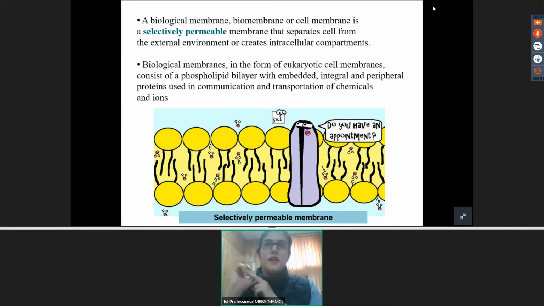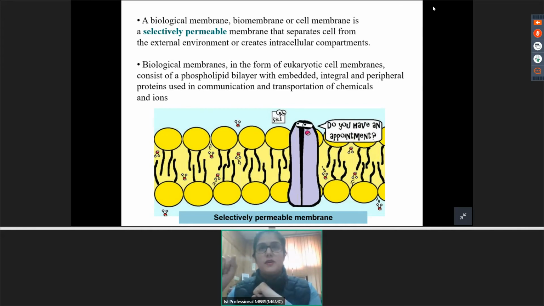What is the difference? Semi-permeable membranes allow some molecules to pass and don't allow some molecules to pass, but this is dependent only on the size of the molecule. So a semi-permeable membrane will probably allow all small molecules to pass and will prevent the movement of large molecules.